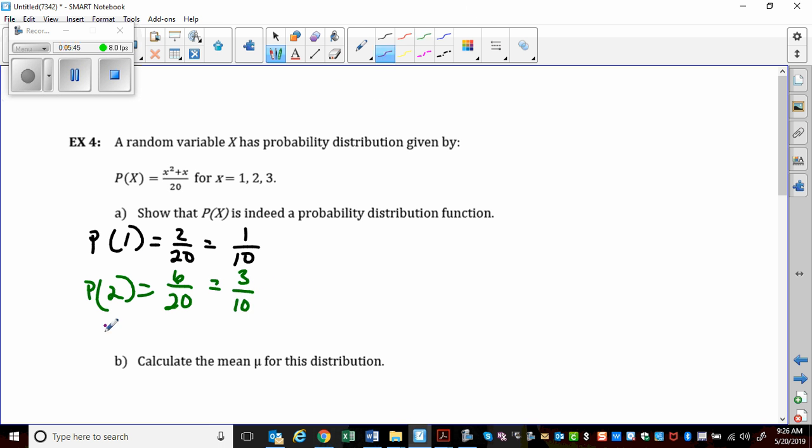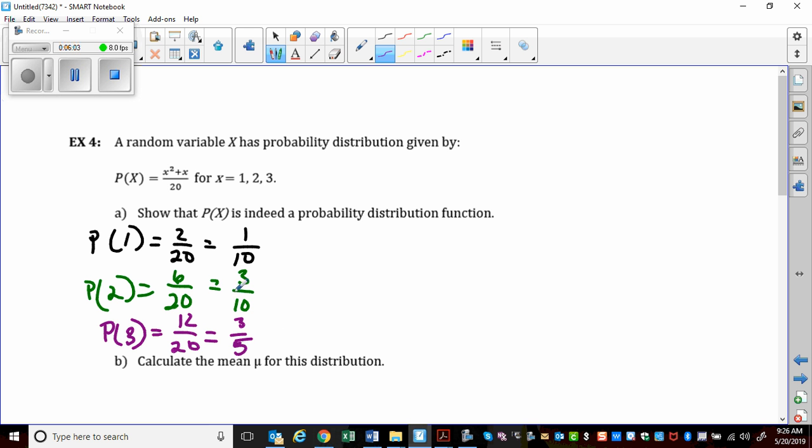And then when we plug in 3, we get 9 plus 3, which is 12 over 20, which is 3 over 5? I don't know. Check it.